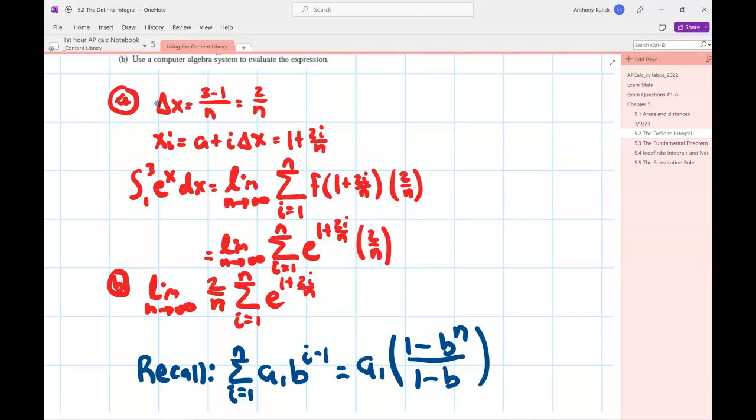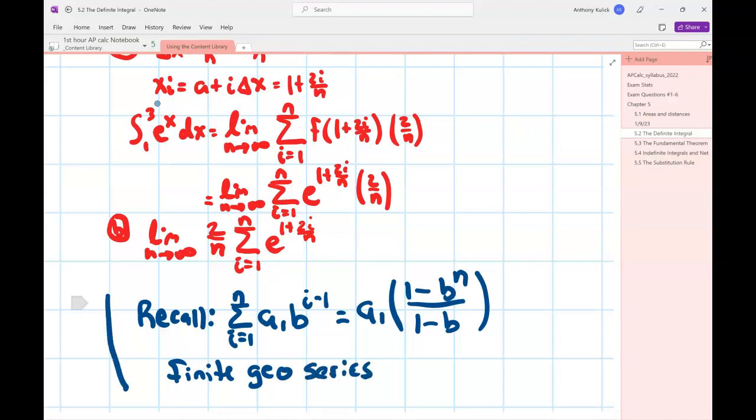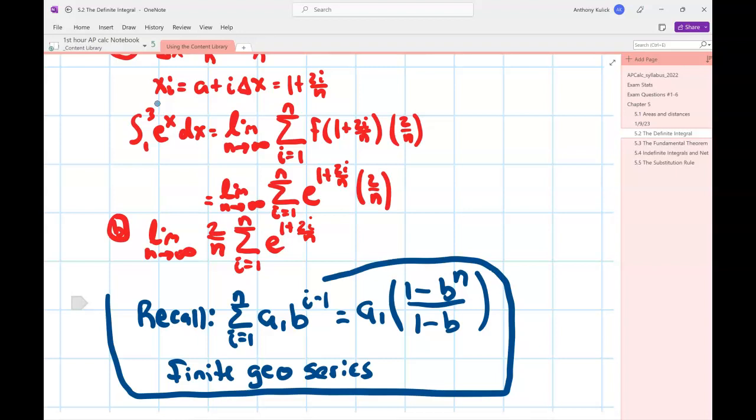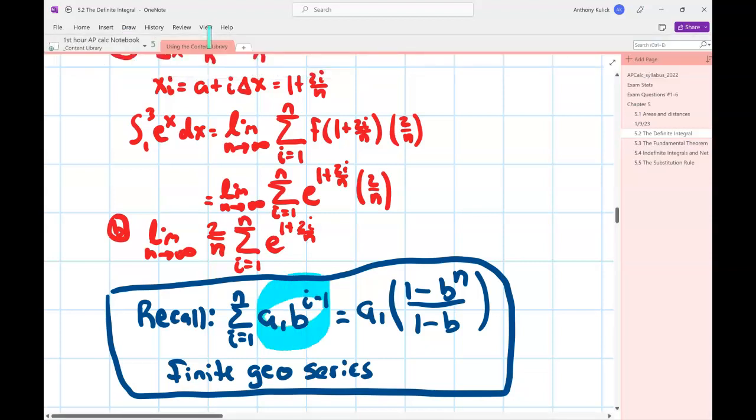That's the sum of a finite geometric sequence, or I'm sorry, a finite geometric series. So that's the tool that I'm going to use to evaluate this. The problem is my function isn't written in the form that I need it to be.